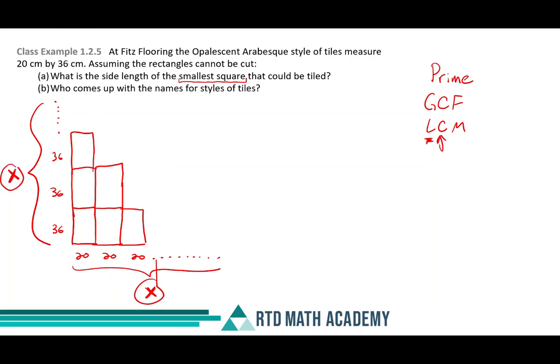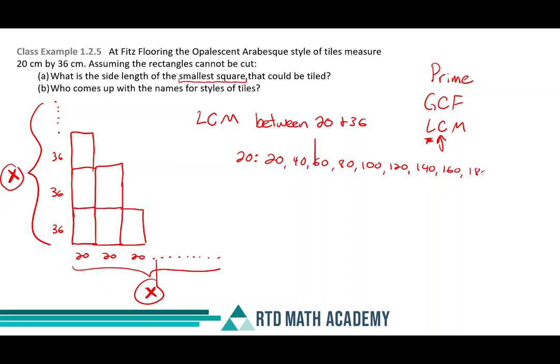So what we're going to do is find the lowest common multiple between 20 and 36. The multiples of 20 are quite easy to list, so I'm actually just going to go ahead and do that. I know 20, 40, 60, 80, 100, and I could keep going. I'm going to go up to 200.